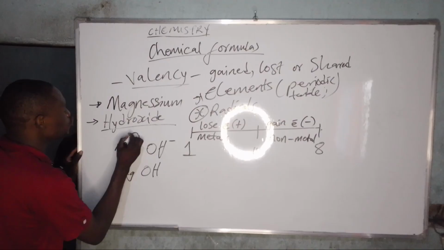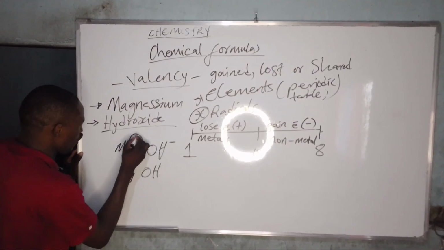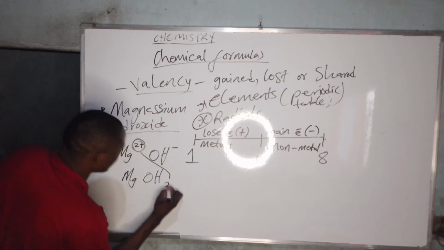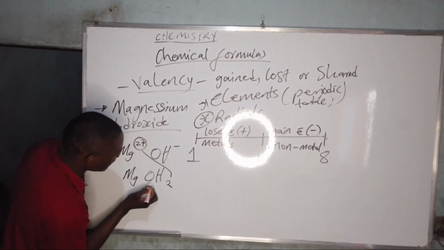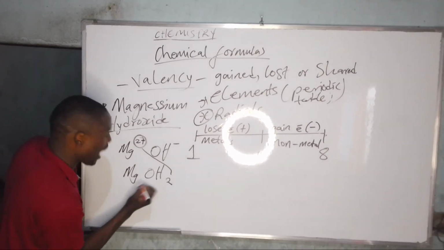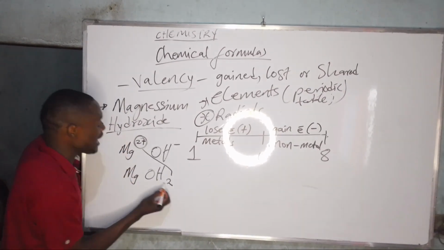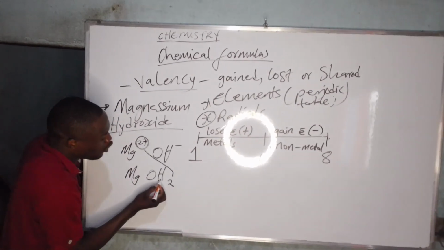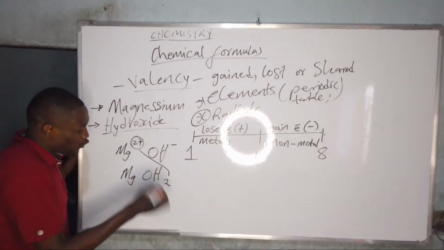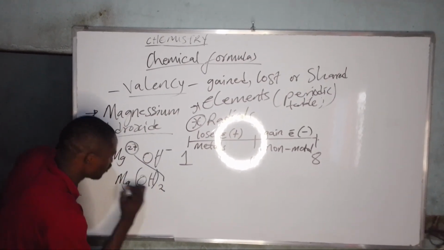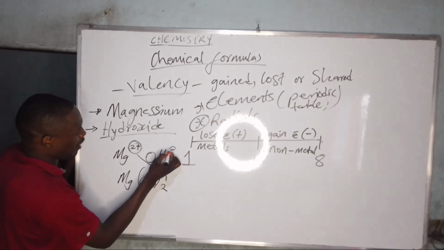Then we are going to swap these valences. So this valence will come this side. So we'll put a 2 here. Now remember, hydroxide is OH. These 2 are together. So since they are together, this 2 applies to oxygen and also hydrogen. Now, for us to do that, we are going to introduce brackets. These open brackets. Then here we have 1.